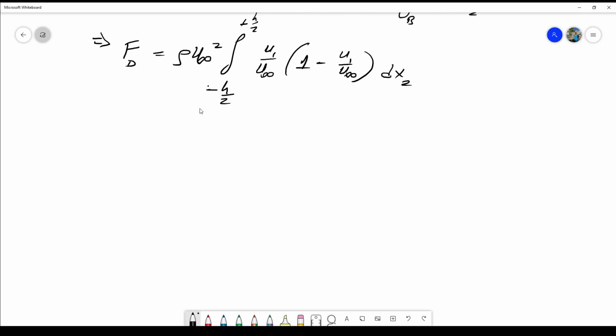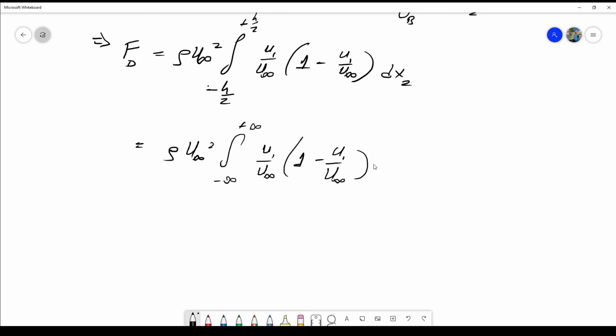If we consider that our domain is big enough, spanning from infinity to infinity on the ceiling and the floor, a similar equation can be written from negative infinity to positive infinity of u_i over u free stream multiplied by 1 minus u_1 over u infinity multiplied by dx_2.